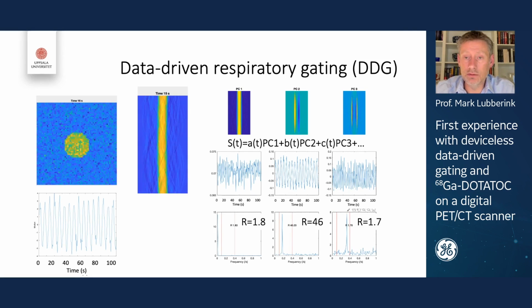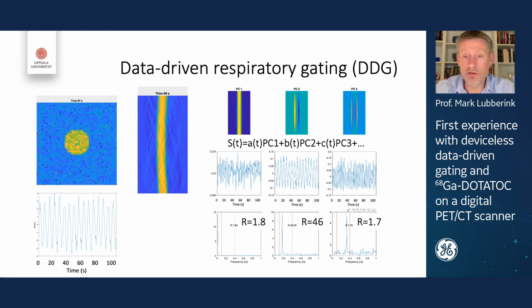Now the next step is to do a Fourier transform, which will tell us which frequencies are present in these graphs that we see here. And if we do that, we get the curves at the bottom here. And the R value displayed here is the ratio between the peak in the frequency range that is likely caused by respiratory motion divided by all the signal that we find with higher frequencies than respiratory motion.